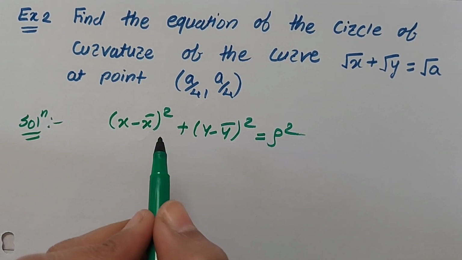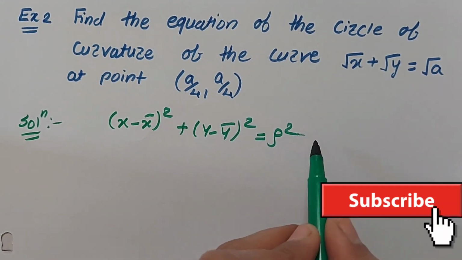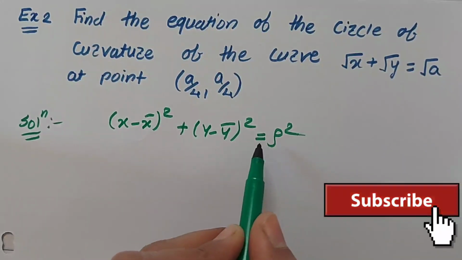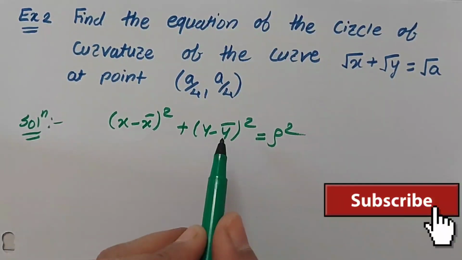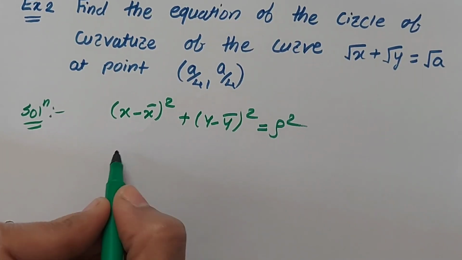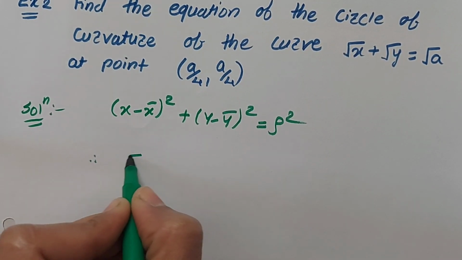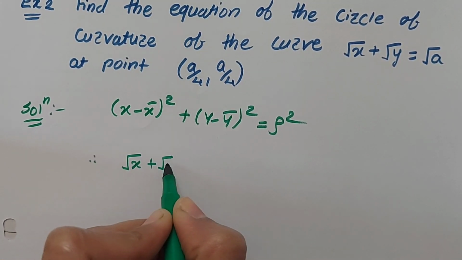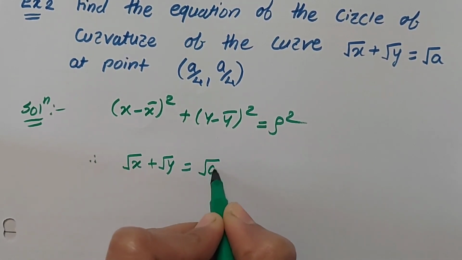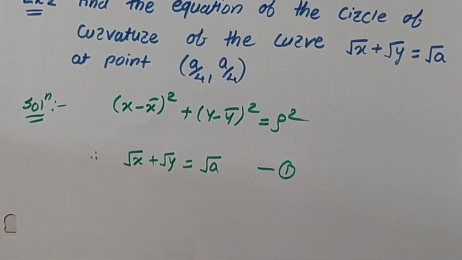This is the equation of circle of curvature, and for that we have to first find the radius of curvature and center of curvature. So here from the given equation of curve, under root of x plus under root of y is equals to under root of a. Suppose it is our equation 1.